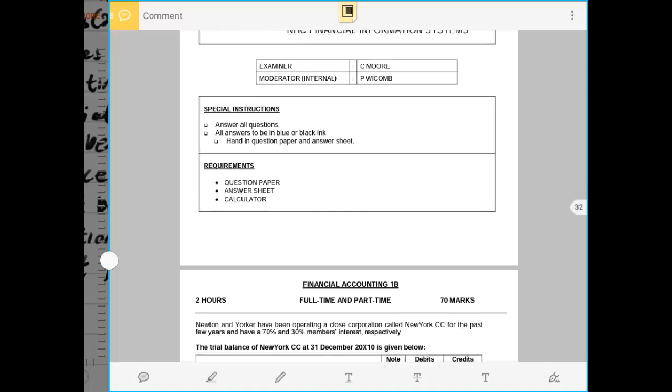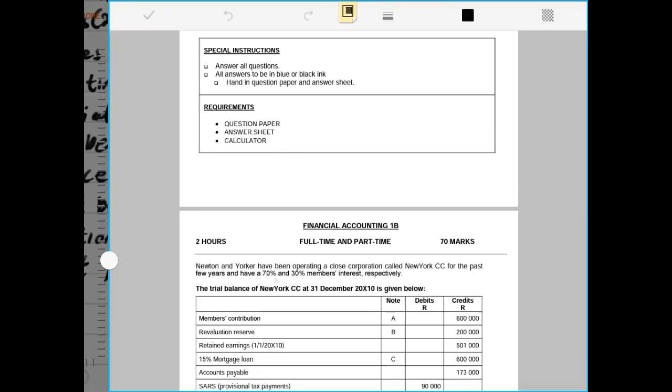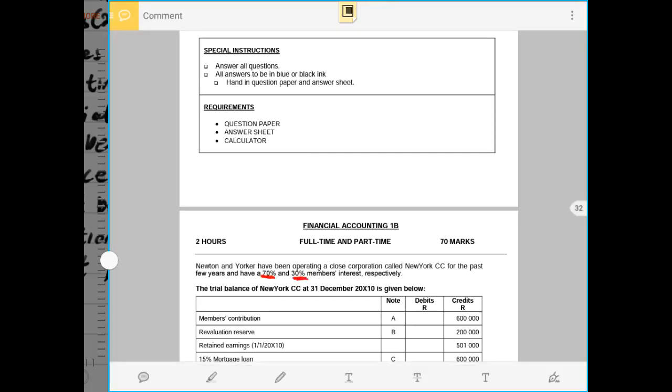70 marks. It says that Newton and Yorker have been operating a close corporation called New York CC for the past few years and have 70% and 30% members' interest respectively. So now this is their members' interest, 70 and 30%. Take note of that, it is very important.